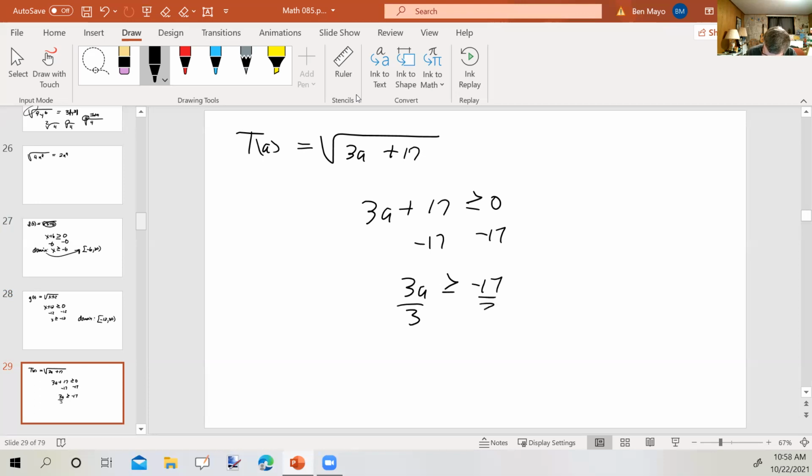Then we divide both sides by 3. So there is our domain, but written in interval notation, bracket -17/3, comma, infinity, parentheses. Okay. And there you have the domain.